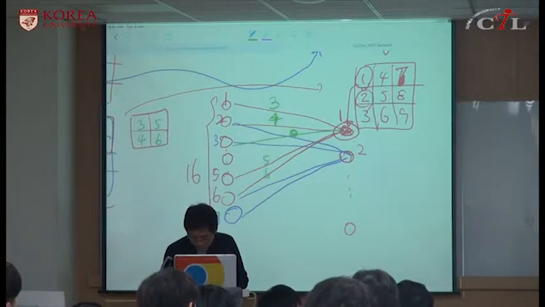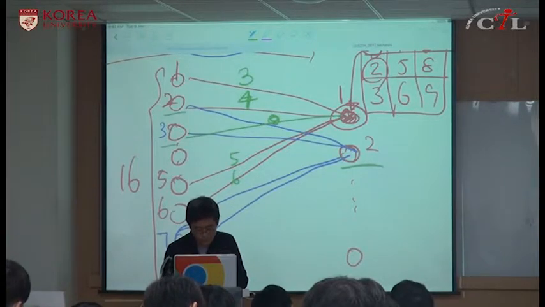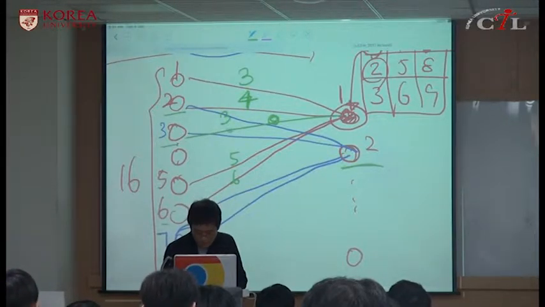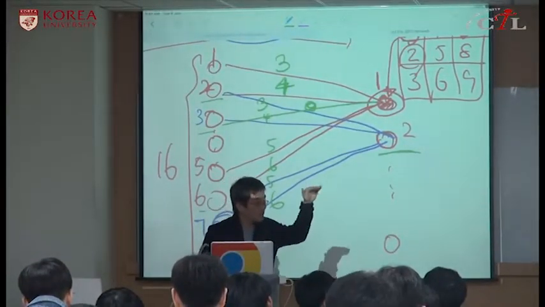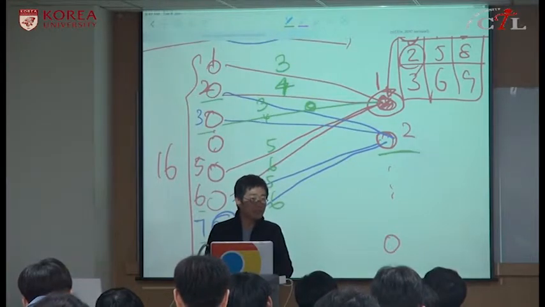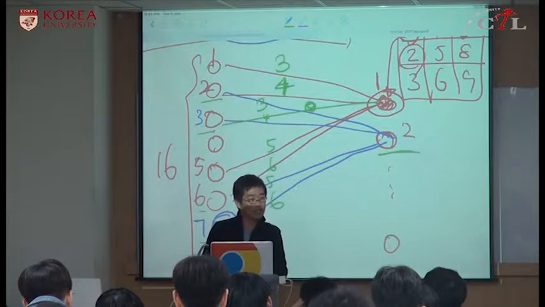And then also these blue lines that connect this output node 2 with the input nodes 2, 3, and 6, 7 will also have the linear combination weight as 3, 4, 5, 6, right? So that way, even though we see multiple separate connections, their edges are actually shared, right?